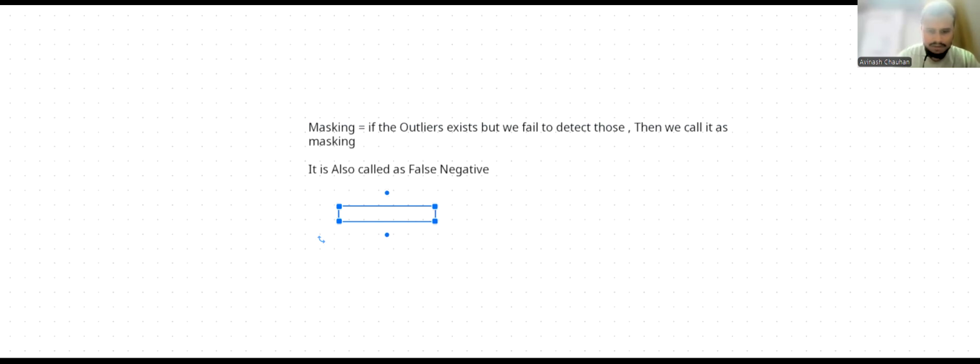If we are detecting non-outliers as outliers, then we call it swamping.